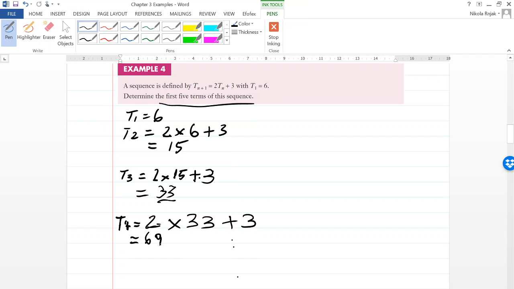And the last one, so term 5 is going to be equal to 2 times 69 plus 3, which is equal to 141. Okay, so here are the first 5 terms of this sequence. And each time we got the next term just by taking the current term, doubling it, adding 3.